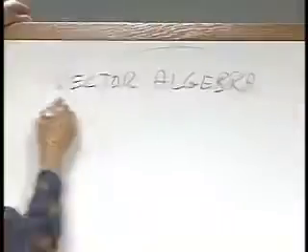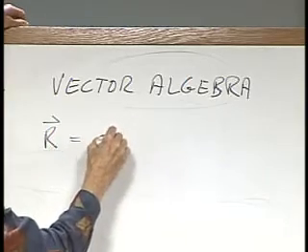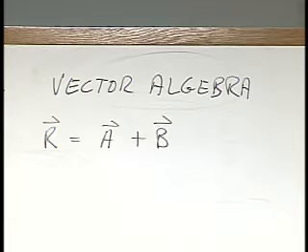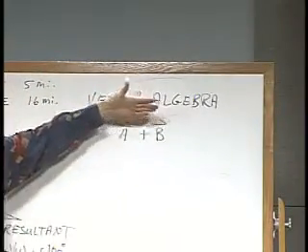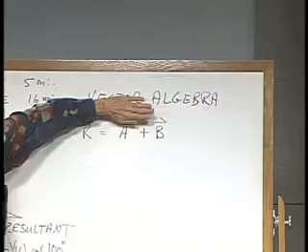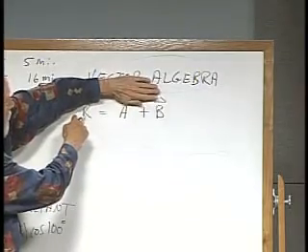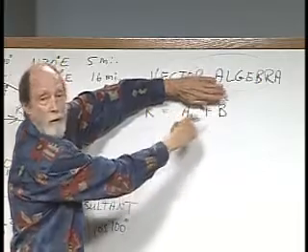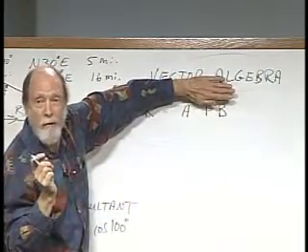So here's what we want to do using vector algebra. Our resultant vector is going to be the sum of these 2 vectors, A and B, added together. Notice the arrowheads. Very important that you have those. If you wrote this down without those arrowheads, I would be interpreting that as the distance from the starting point being equal to 5 plus 16. Is that right?